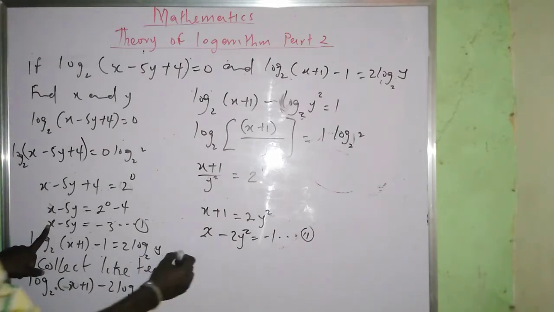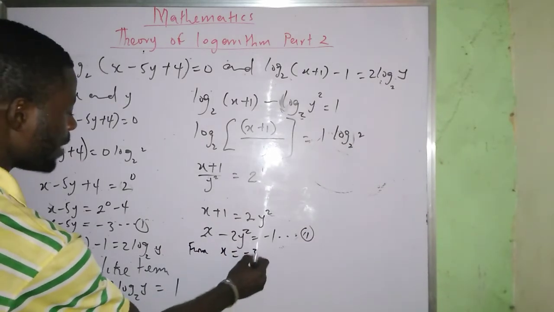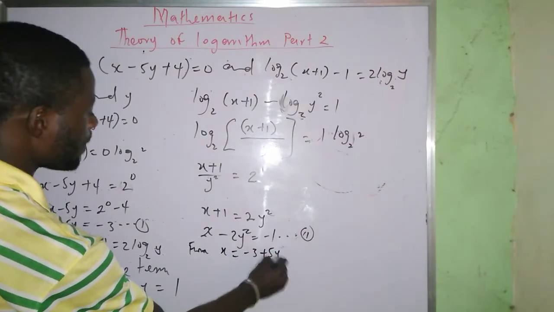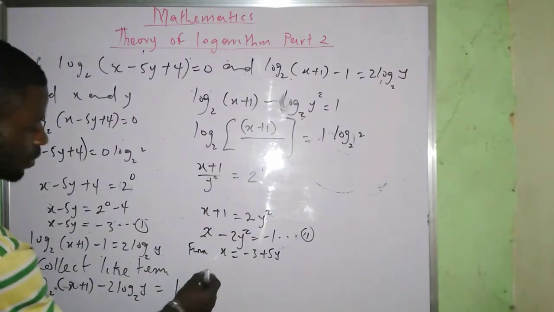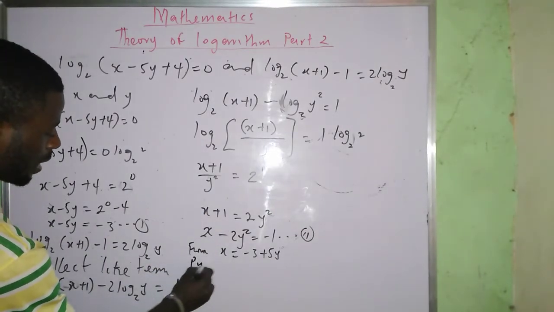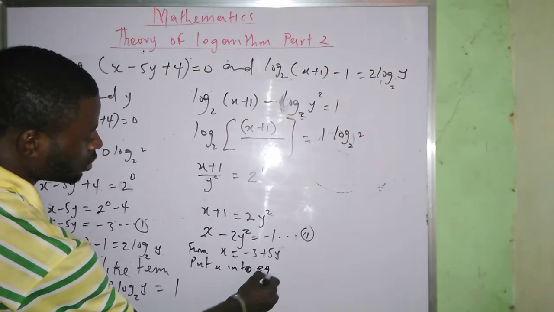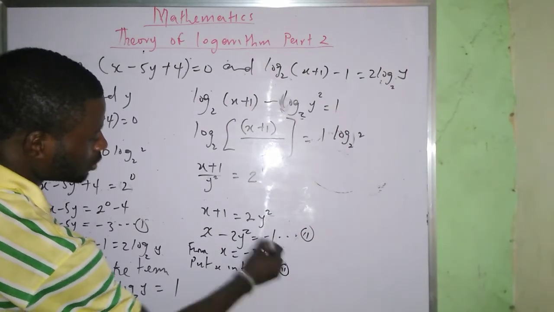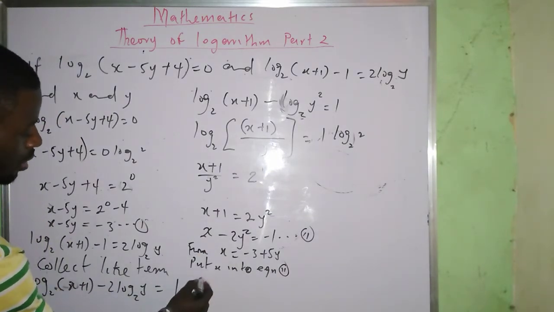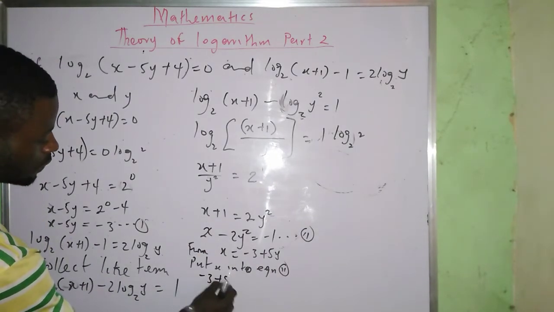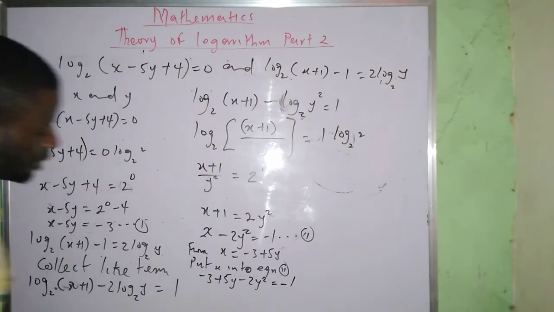I think from equation 1, let me quickly solve it. My x equals minus 3 plus 5y. Can I put that into equation 2? Now, since I have that, I will be having minus 3 plus 5y minus 2y squared equals minus 1.